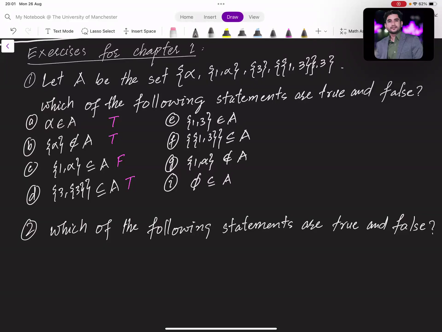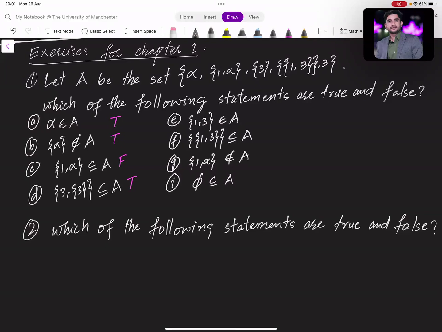Now, you can see 1, 3 is here, but it's not inside A as an element. It is an element in the other set, which is an element in A. So this is false. Again, this set is not a subset of A, it's an element in A. So this is false.